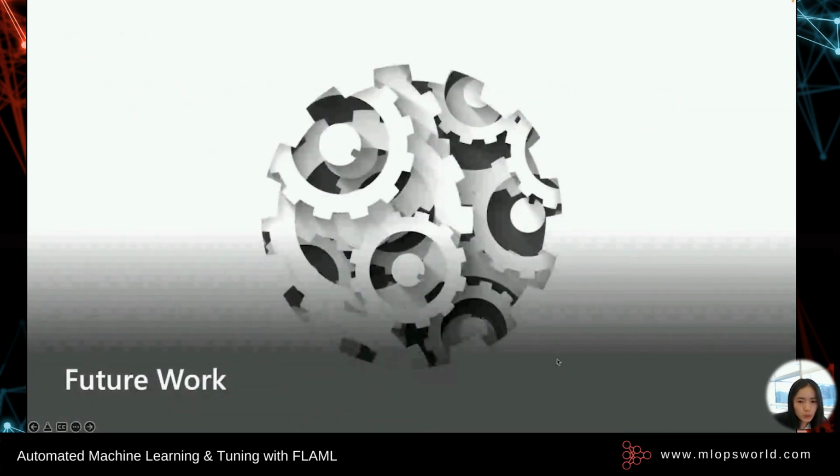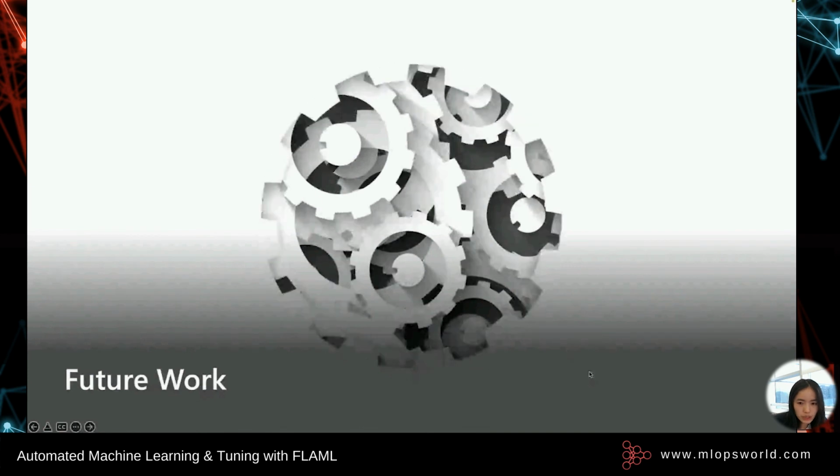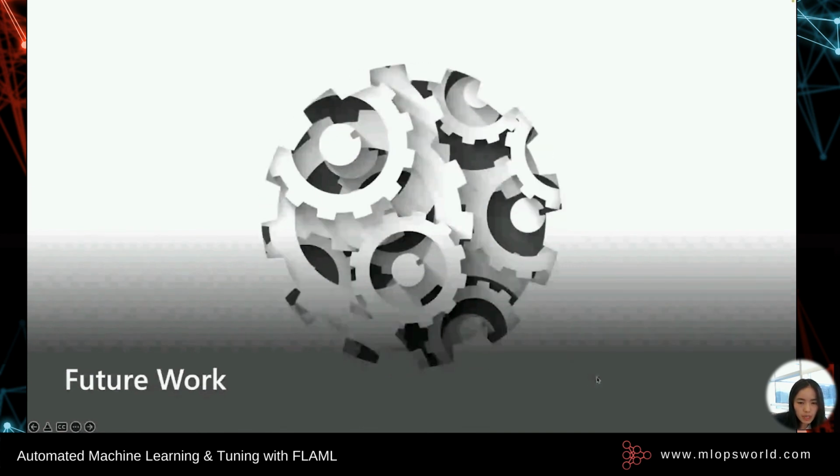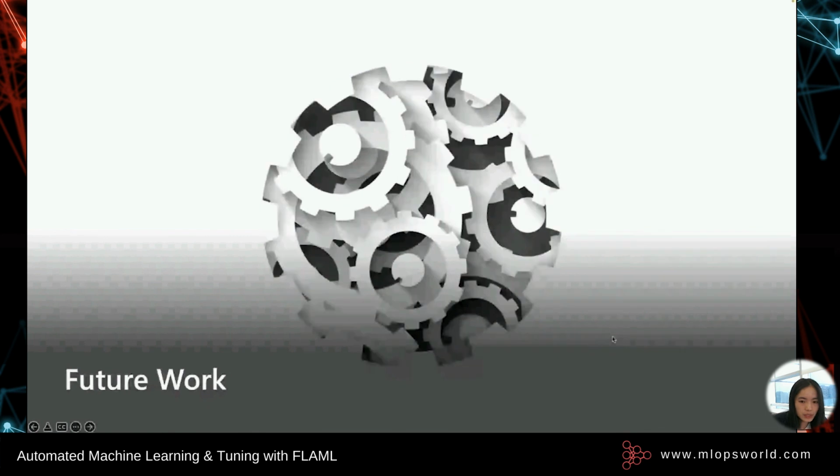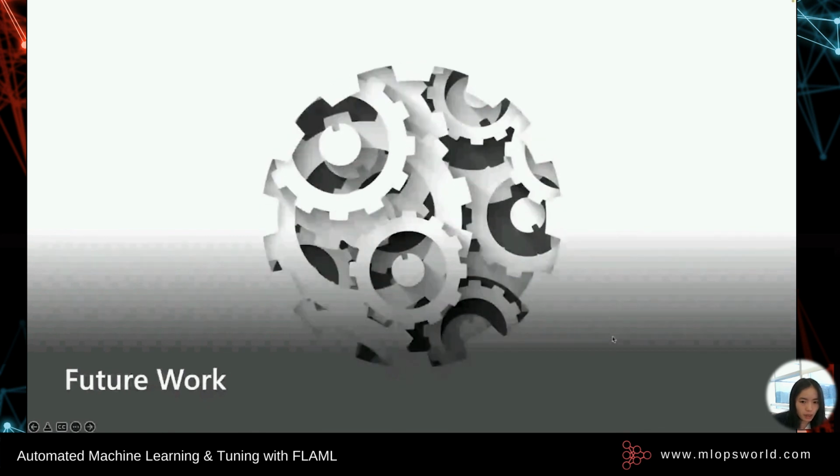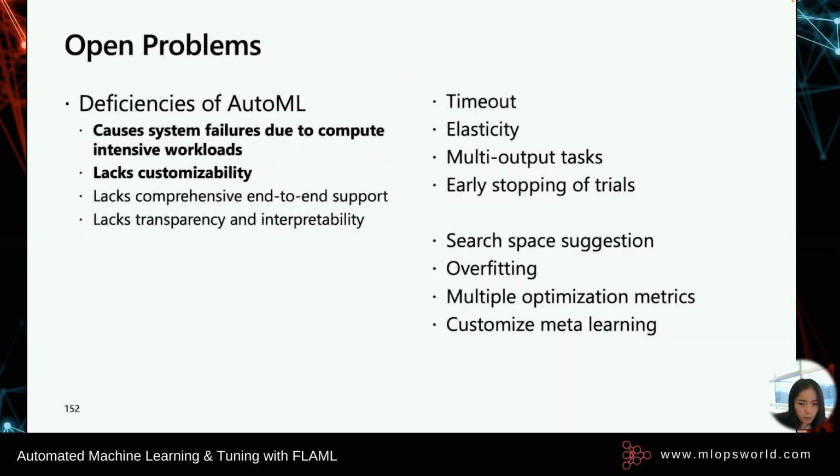So for more future work, I would like to highlight some open problems motivated by the current deficiencies of AutoML. First, regarding performance and customizability, some open problems include, for example, what is the most efficient way to do multi-output AutoML? How shall AutoML find models that can generalize well over time?